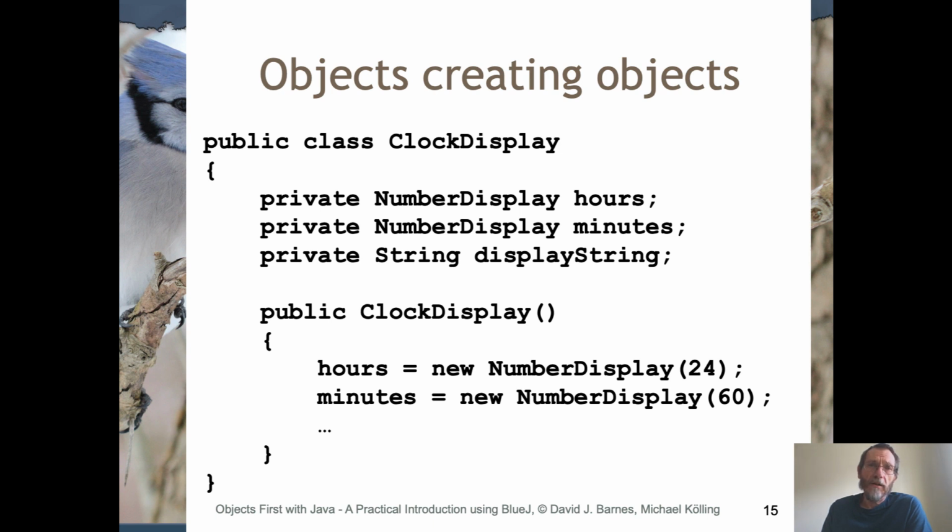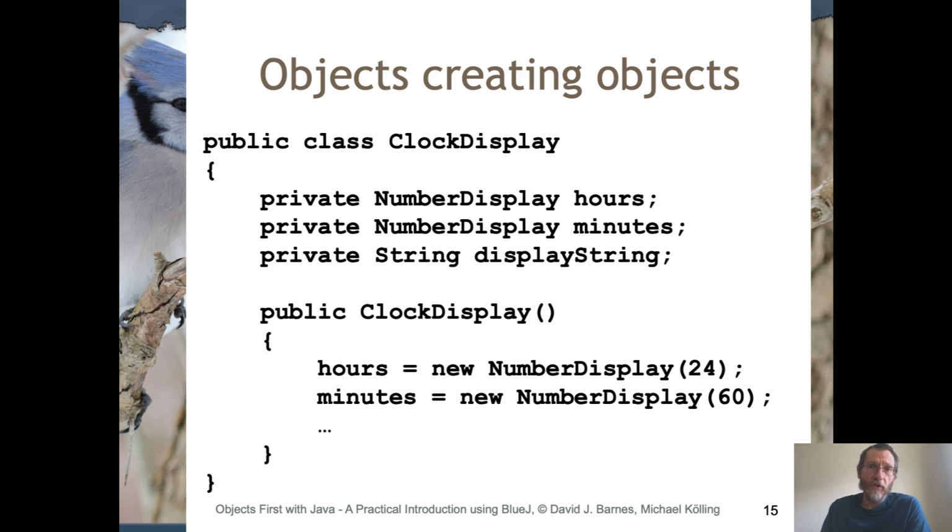A field defines a variable, and that variable is able to store a reference to an object of the field's type. So writing private number display hours does not mean that a number display object gets created at that point.